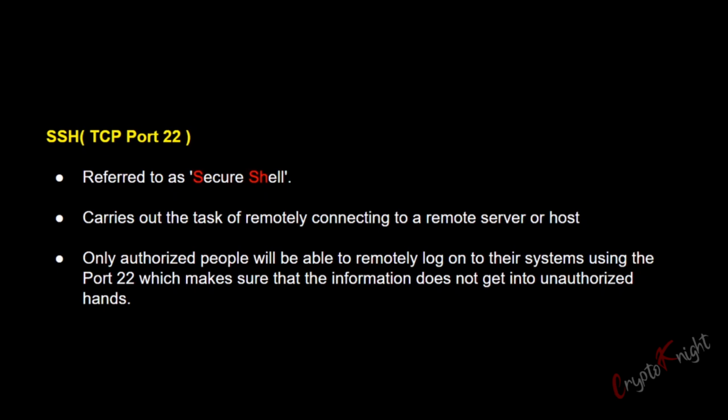So for example, if I have another system, I can log into that from my other PC just by knowing the SSH credentials. Currently I'm just explaining the theory, but in future we will be exploiting these services, and I will also show you how to do that.